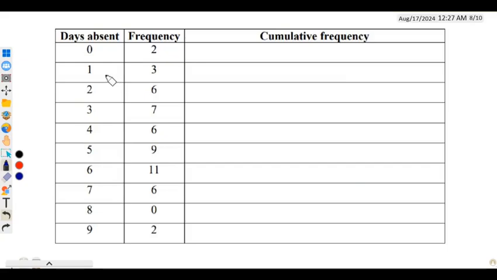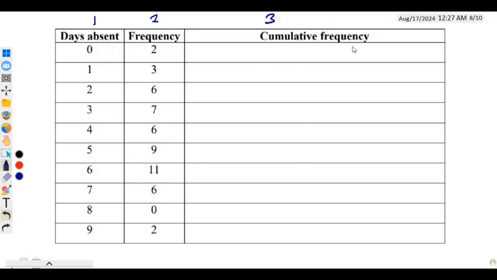It has 3 columns: 1, 2, 3. In column 1, we have days absent. In column 2, we have the frequency. Then in column 3, we have cumulative frequency. Here we need to write the cumulative frequency. It's the one that we don't have.